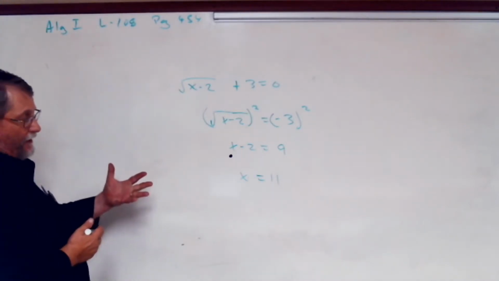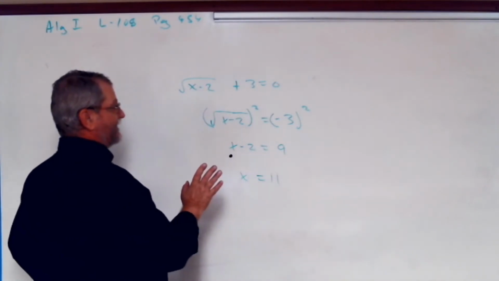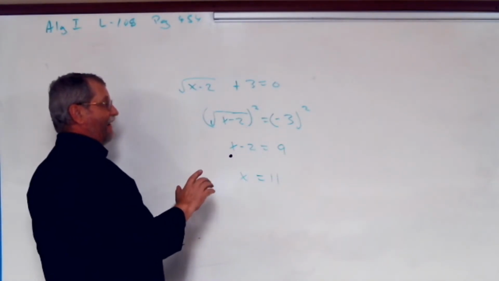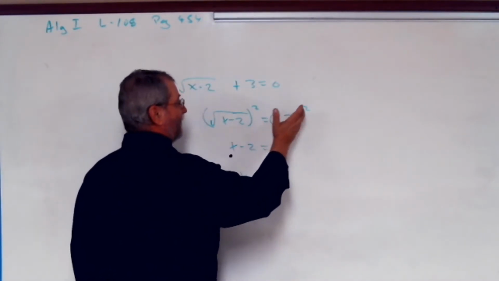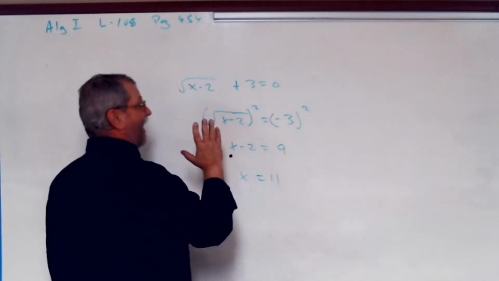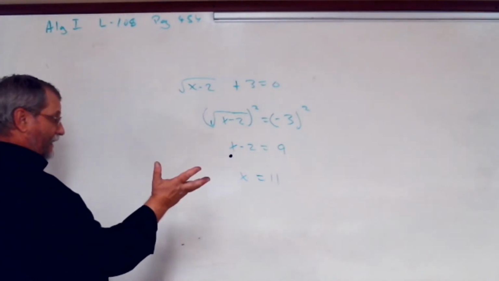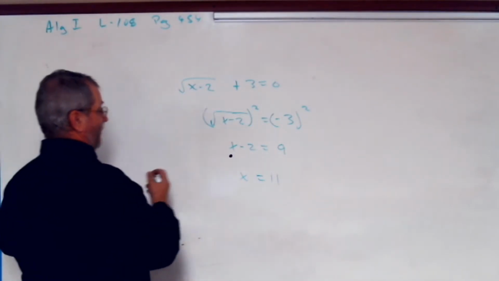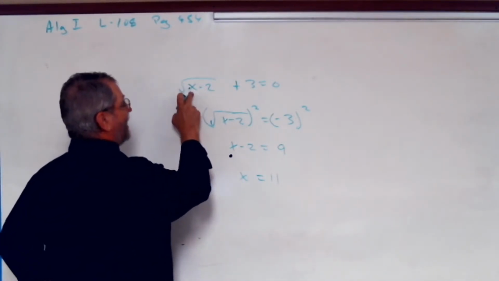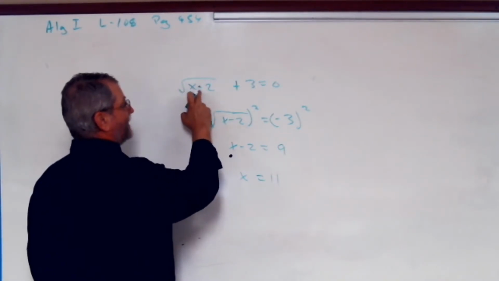Now, you have to listen here. You can't stop there. Because in the process of solving this, we lose negative signs like right here. Because that was negative, we squared it, it became positive. Now, it may or may not make a difference, but you have to check your answer. We're going to put it in here. 11 take away 2 is 9.